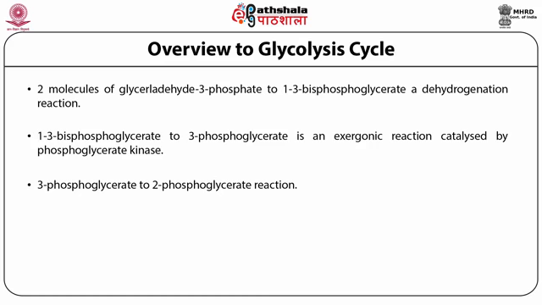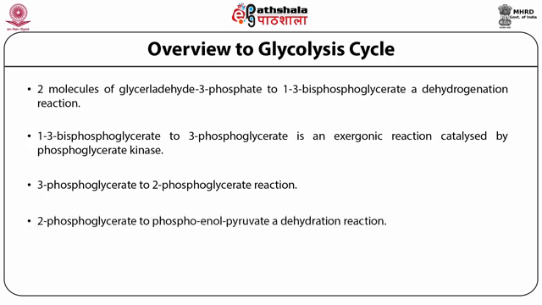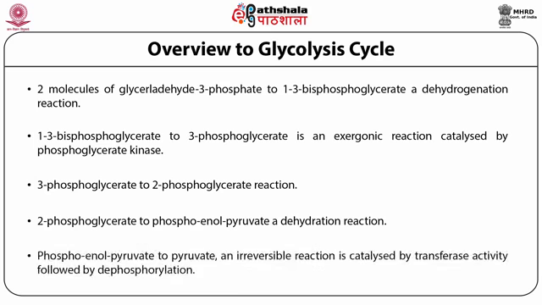The reaction is an isomerization reaction and is catalyzed by phosphoglycerate mutase. 2-phosphoglycerate to phosphoenolpyruvate is a dehydration reaction catalyzed by enolase. Phosphoenolpyruvate to pyruvate is an irreversible reaction which is catalyzed by transferase activity followed by dephosphorylation.